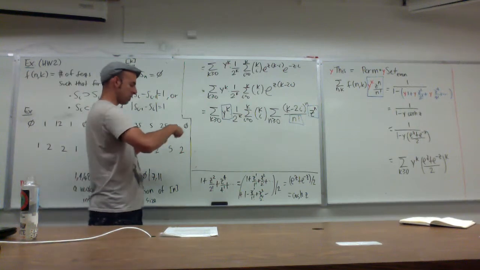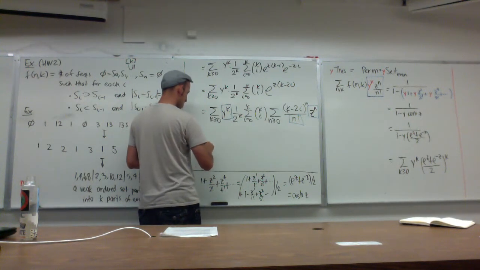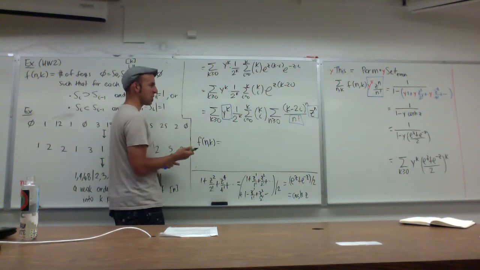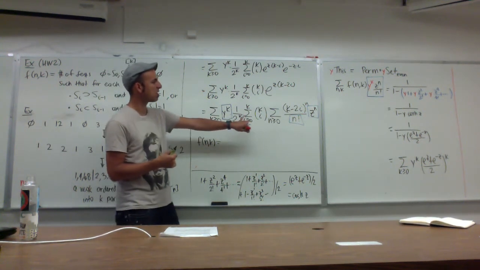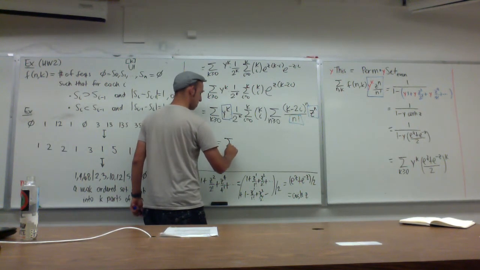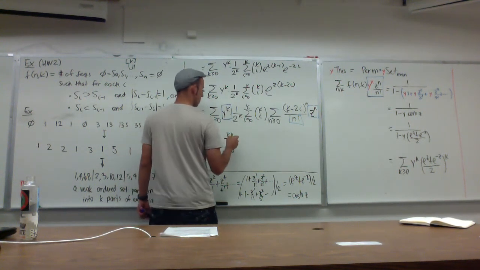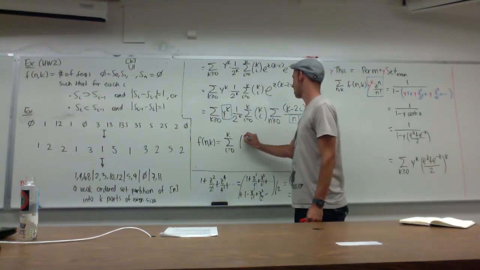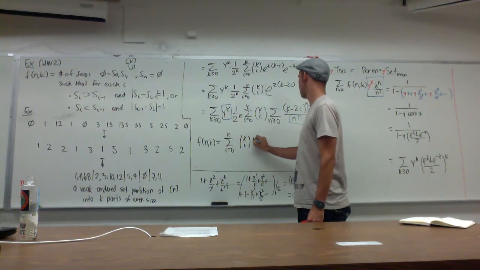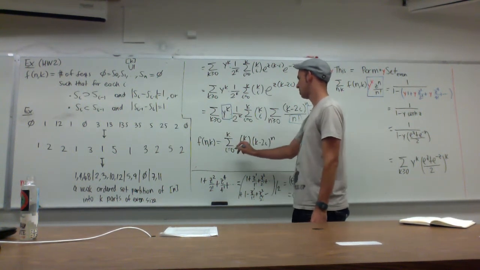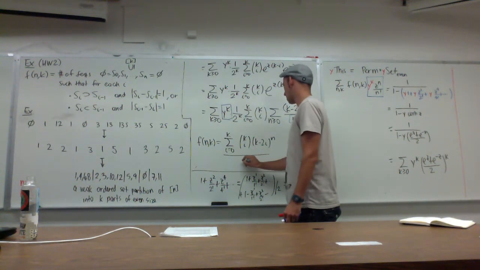So that means that we found our coefficient, f of n k, is equal to, well, you see this is not a triple summation anymore because we're doing this for a fixed k, for a fixed n. And we get sum from i equals 0 to k of k choose i, k minus 2i to the n, and then over 2 to the k.